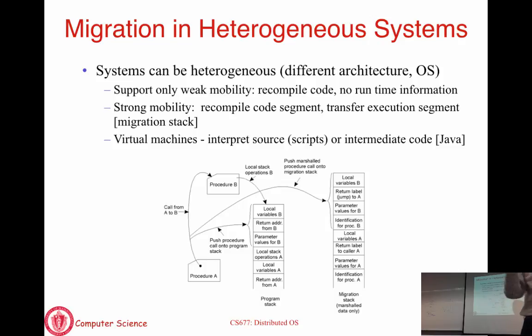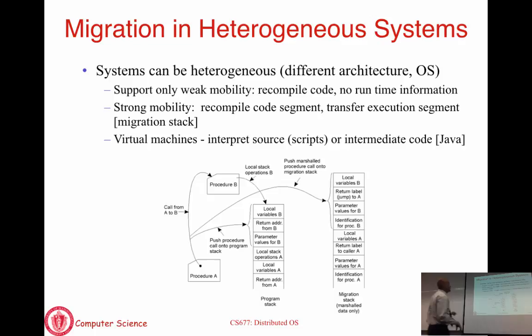You can run Java code across platforms; it is portable. So heterogeneity can be handled much more easily with code migration, weak mobility. Process migration is much harder. There have been some efforts to make it work, but it's not easy.